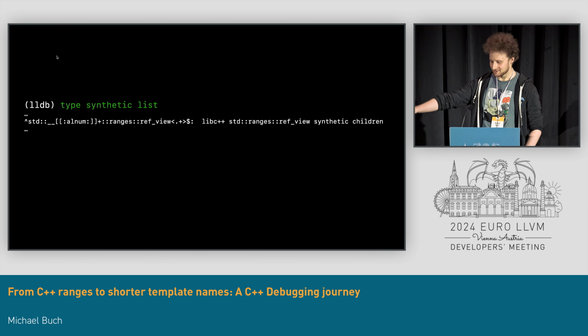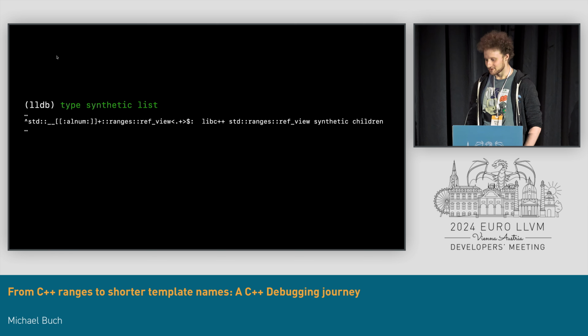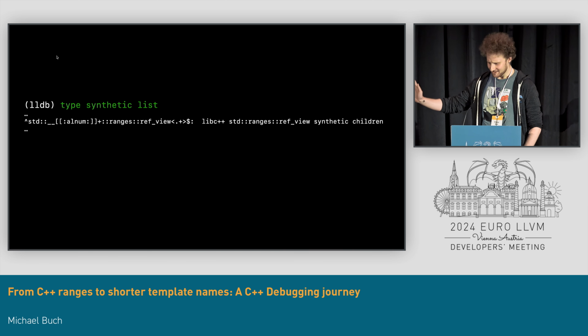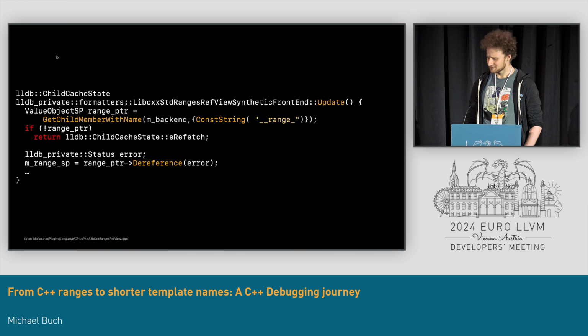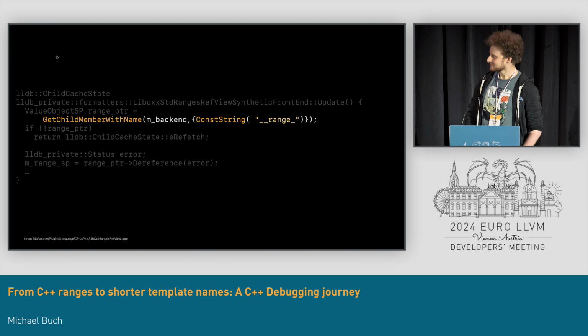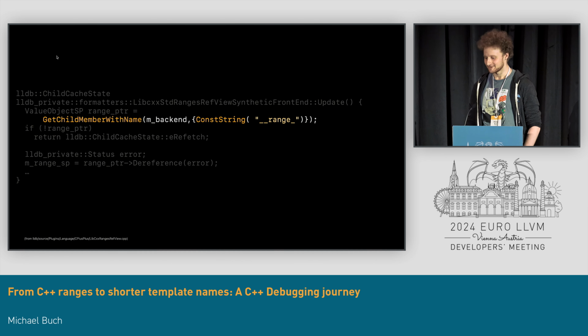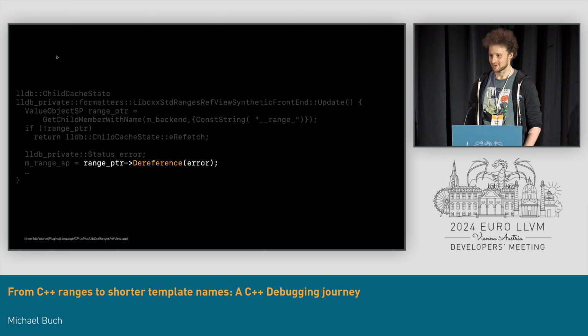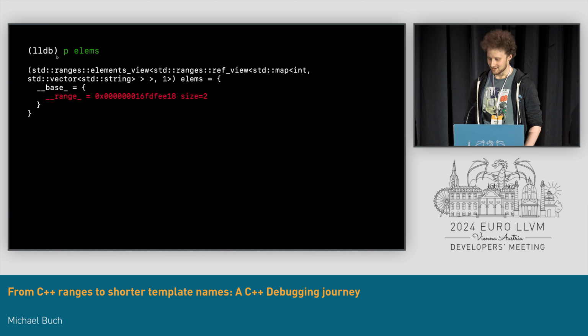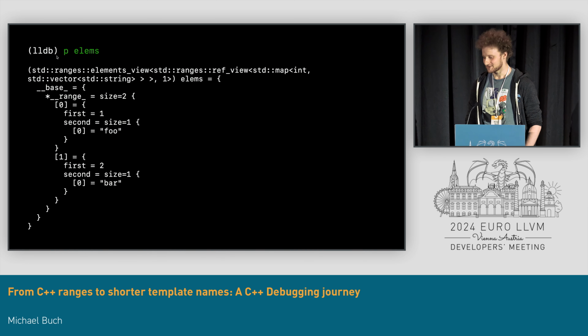And you'll see here's the entry for the ref view, which we had to implement for this. It just matches the type name against that regex on the left and then invokes the corresponding data formatter. Here's a brief implementation of it. It's really simple. It just reads out this range variable, dereferences it, and passes it back to LLDB. And then it basically gives us all that info that we wanted.